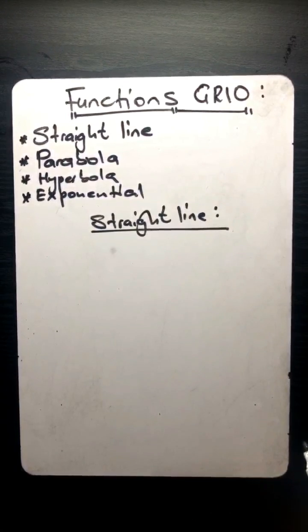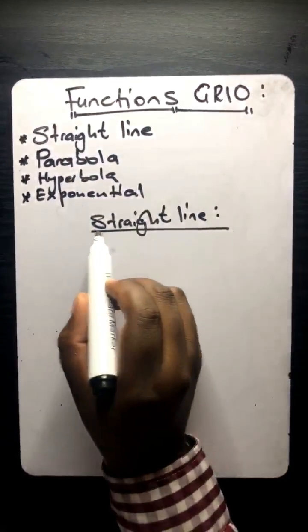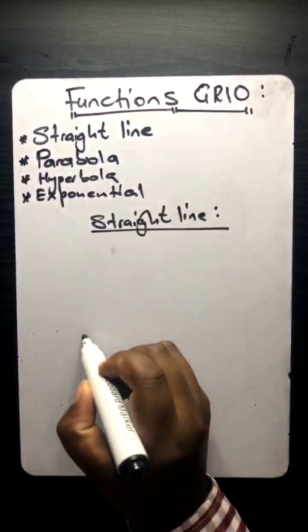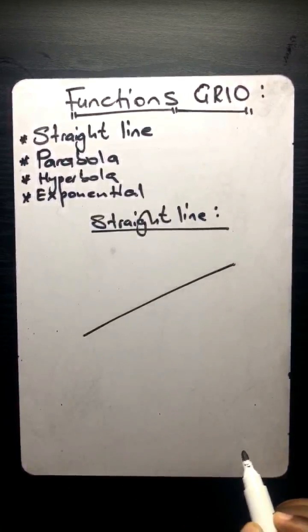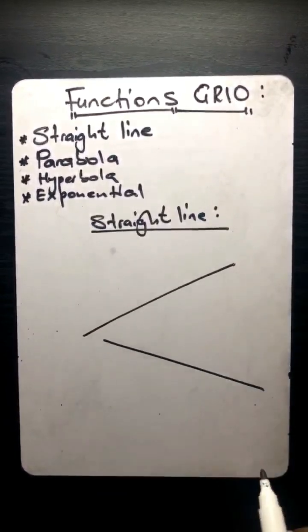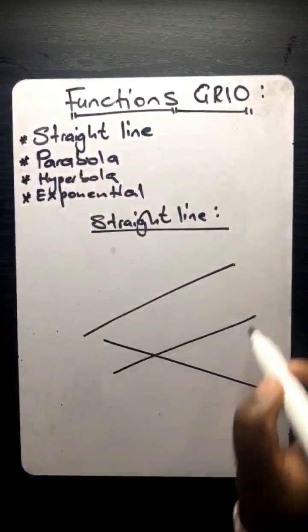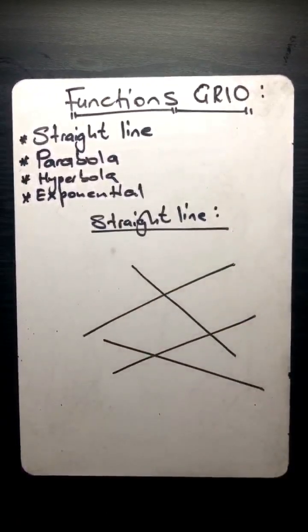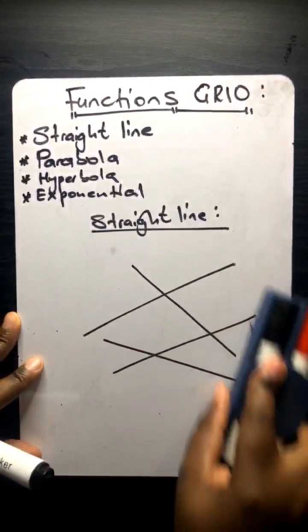So what is a straight line? The word itself, straight, is self-explanatory: we talk about a line which is straight. It doesn't matter at what angle the line is. What matters the most is that it is a straight line.